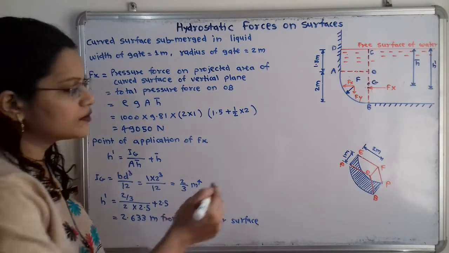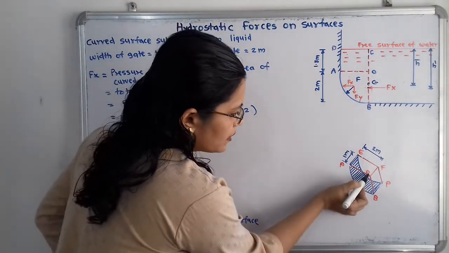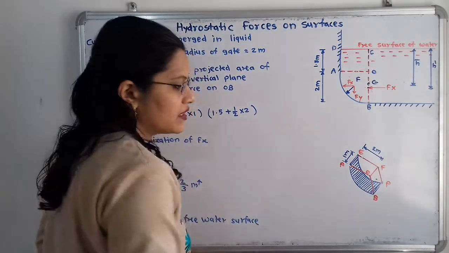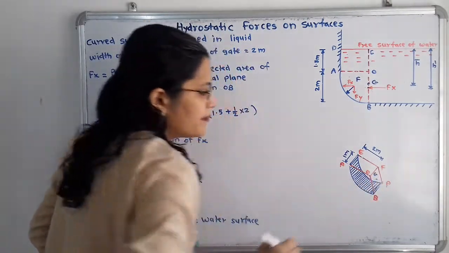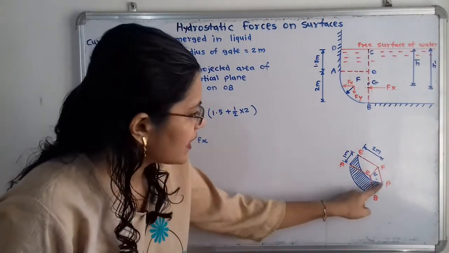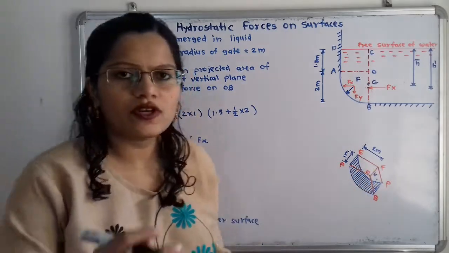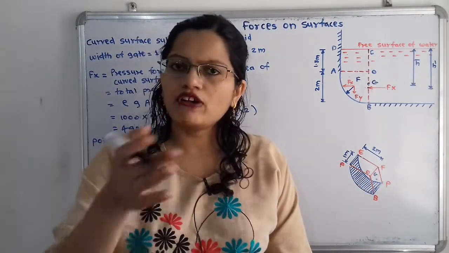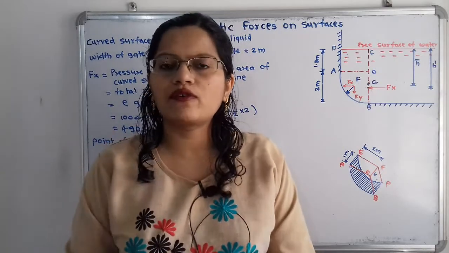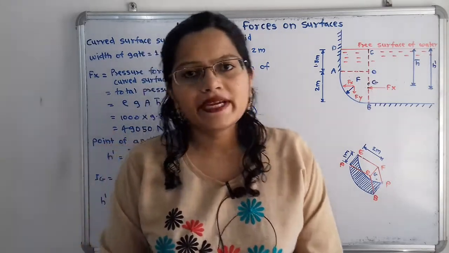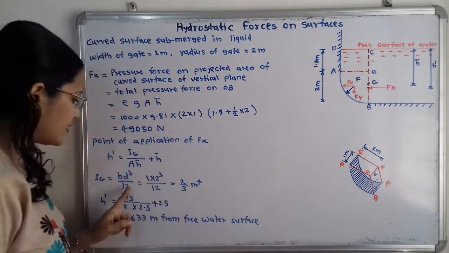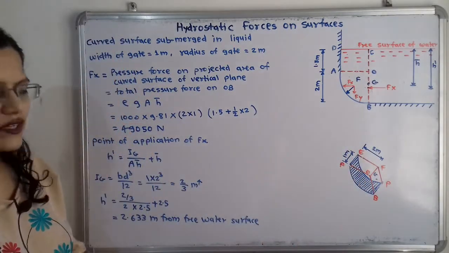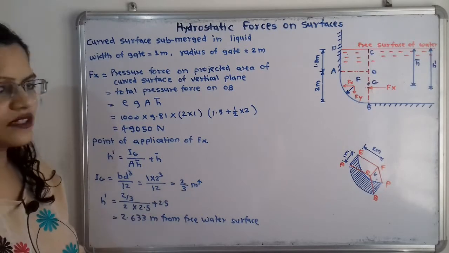If we observe this vertical plane, that is OBPF, the center of gravity G is in the middle. So for this rectangular surface, what is the moment of inertia? We already know the formula for the moment of inertia is B D cube by 12. So we can take 1 into 2 cube divided by 12, that is equal to 2 by 3 meter raised to 4.